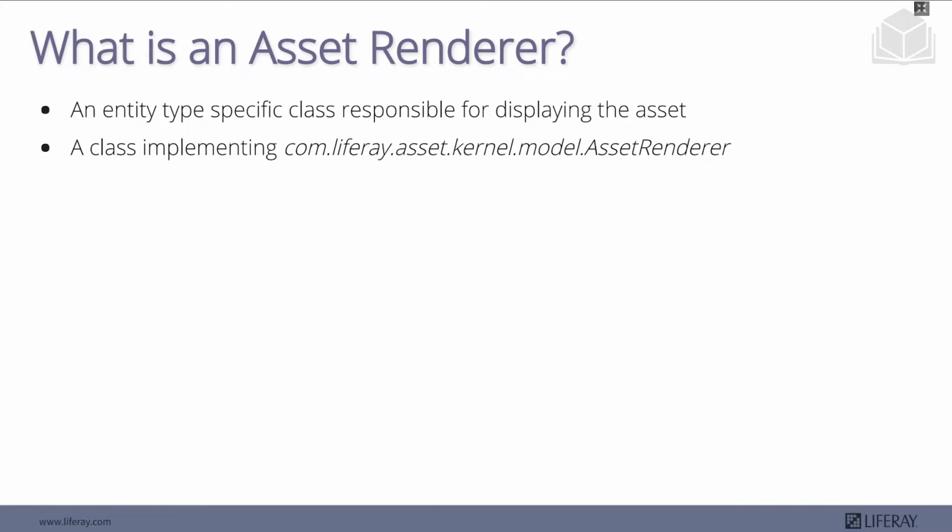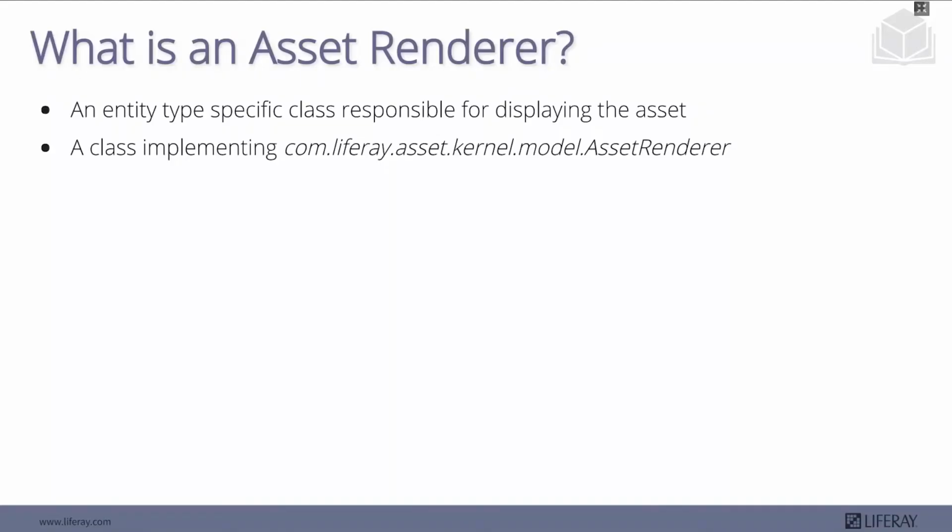So what is the asset renderer? Well, we're going to have these abstract generic objects representing a specific entity. If we have this asset, how do we know what the asset corresponds to? This is where the asset renderer comes into play.